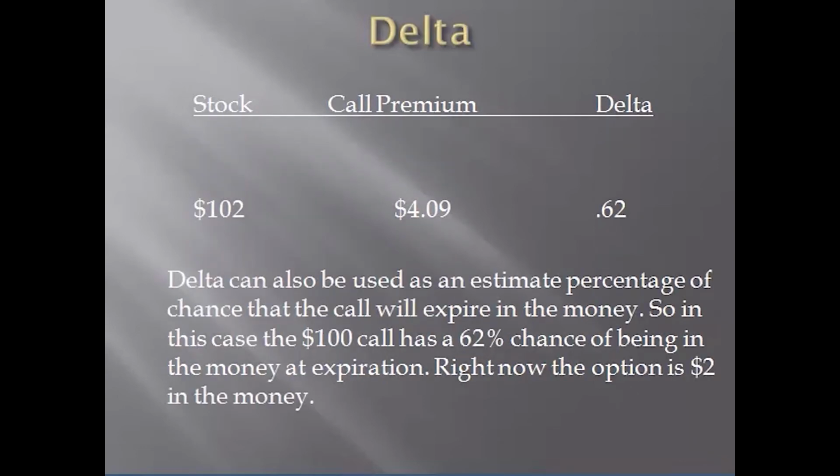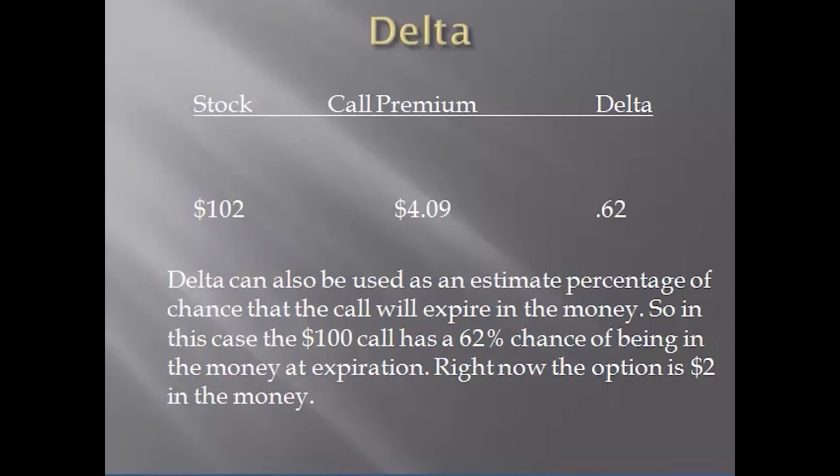Let's go and look at one more thing that certain people use delta for. It's not too common nowadays because these platforms that all of these brokers have provide so much information. They do an awful lot of calculations, and one of the calculations that a lot of them will give you is the probability of that actual option.